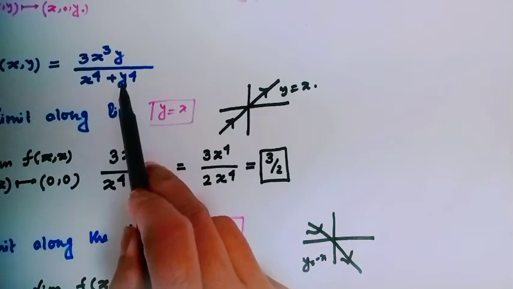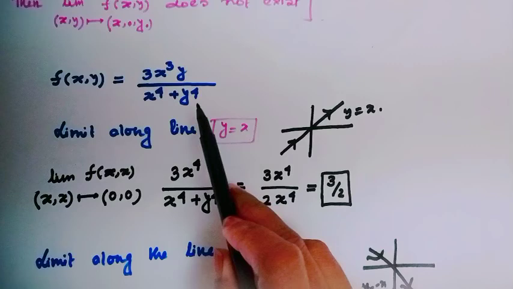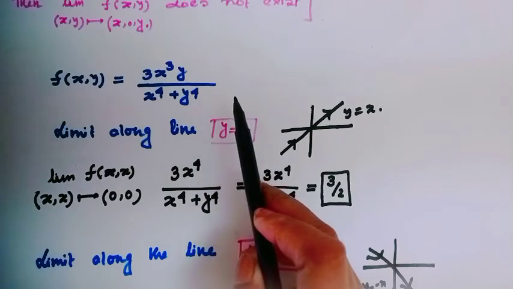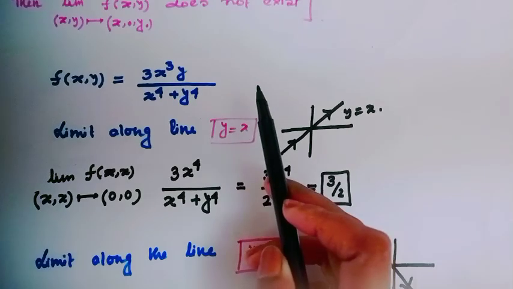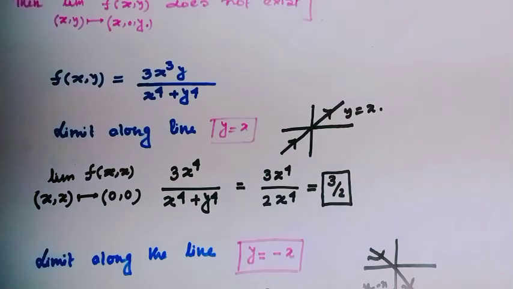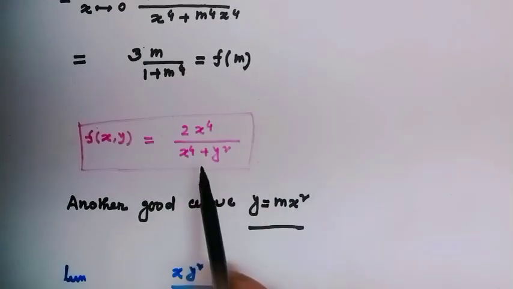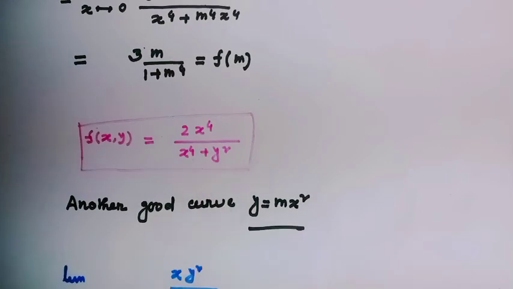Here I have chosen for this function y equal to mx square. If I put y equal to mx, then I cannot evaluate that the limit cannot exist.